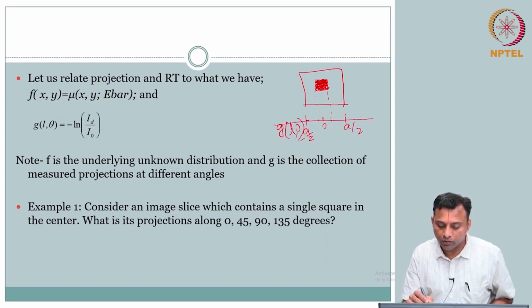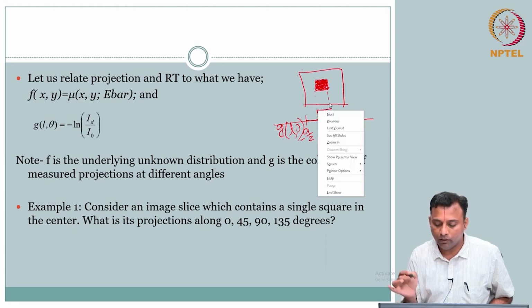So I have 0. When I come to this location, now I am going through the square. That means it is going to sum along the square. So I have a value that goes up, and that remains the same because the rest of the parallel lines go through the same length.